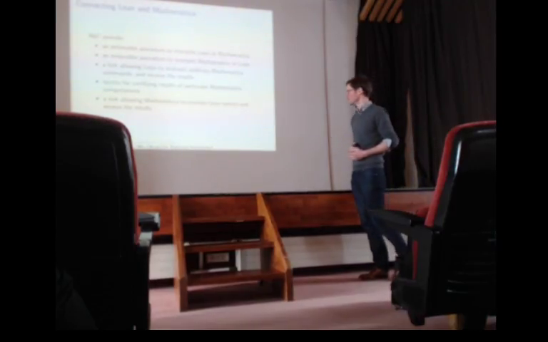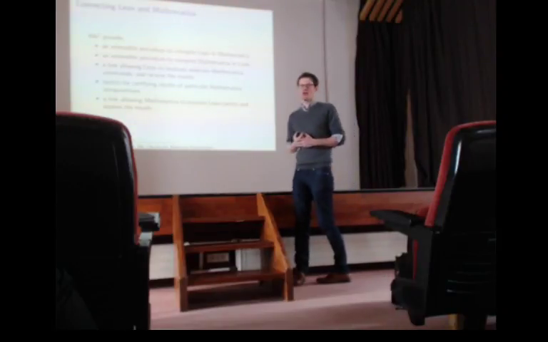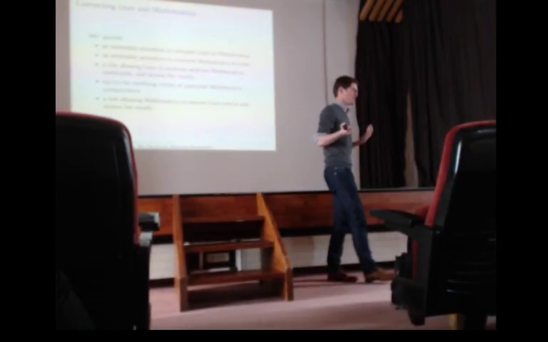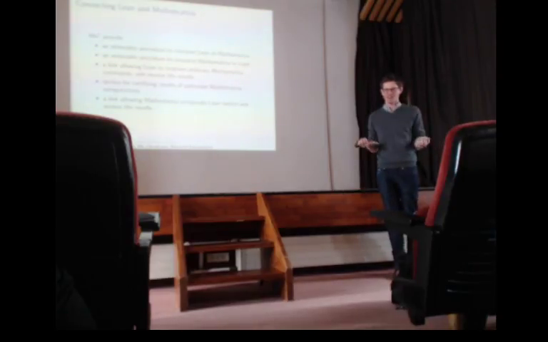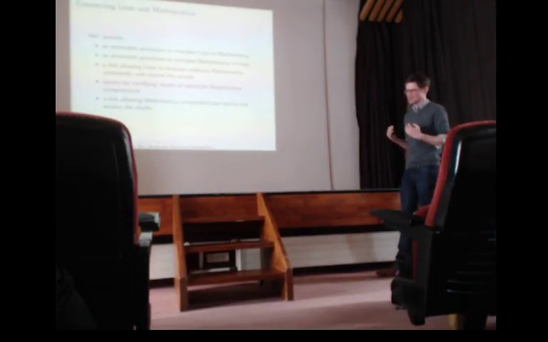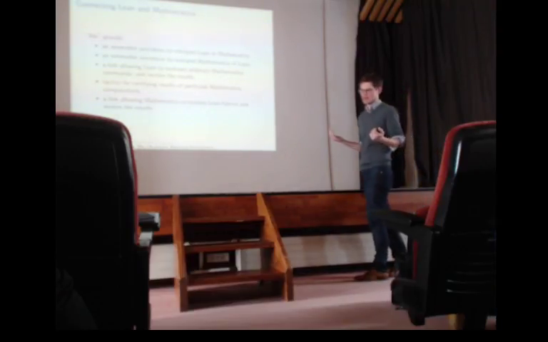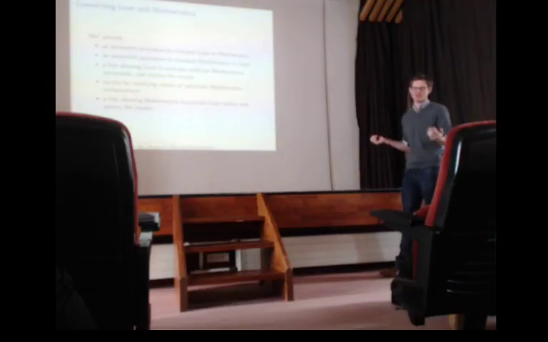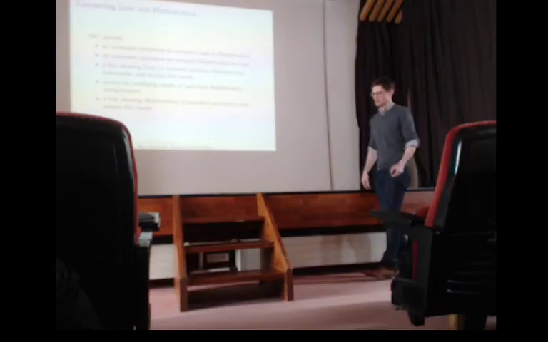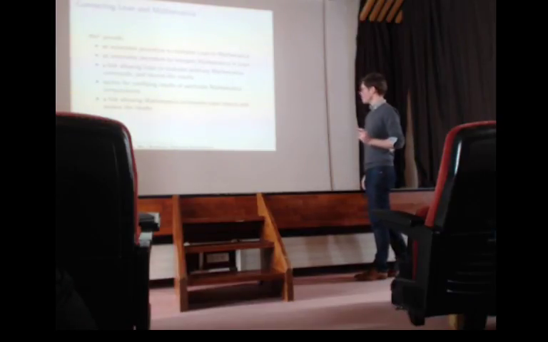Mathematica can query Lean. And then we have some functions in each system that are supposed to take information from the other one and do what they are good at, what the other system is bad at. So Lean can request results from Mathematica and try to verify them. Mathematica can request information from Lean and try to display it.